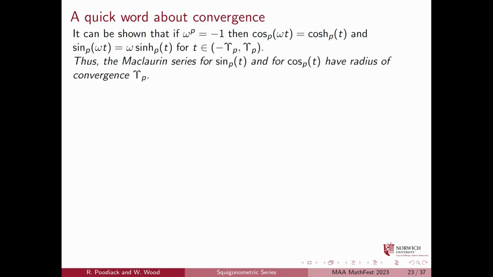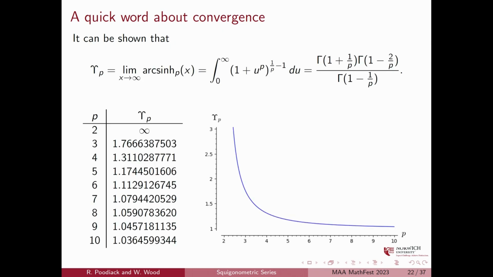And so the Maclaurin series for sine sub p of t and cosine sub p of t have radius of convergence epsilon sub p. And again, when p is 2, the series converge for all values, but otherwise it has a finite radius of convergence that squeezes down toward 1.